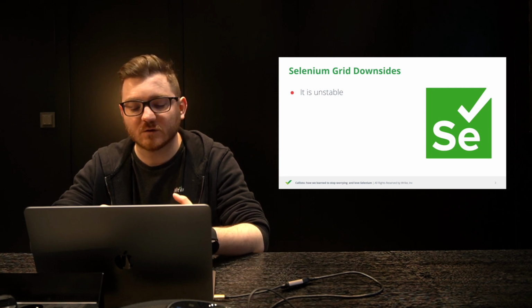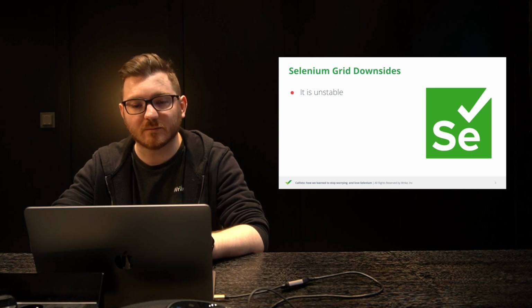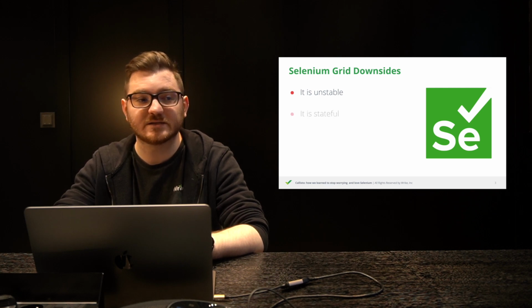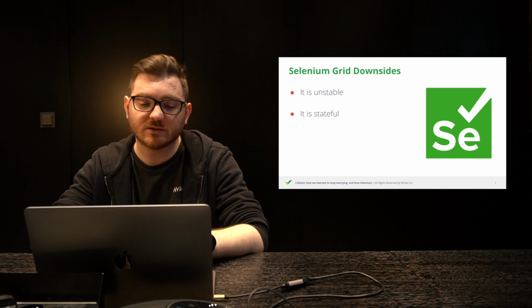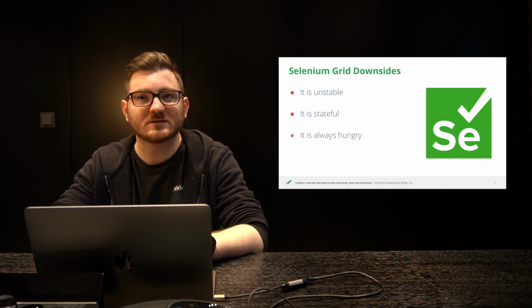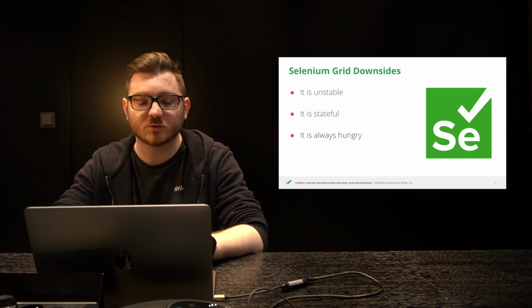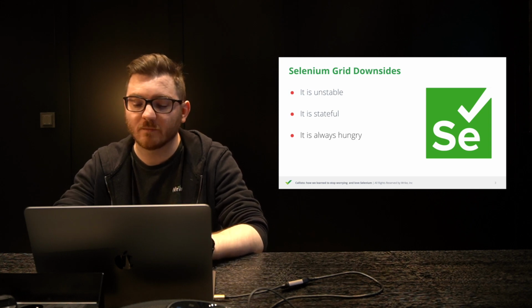We had a lot of problems regarding stability and reliability, and we had these issues because Selenium Grid is a stateful solution. There is no separation between compute and storage and so on, and also it requires a huge pool of free resources to work fast and smooth.